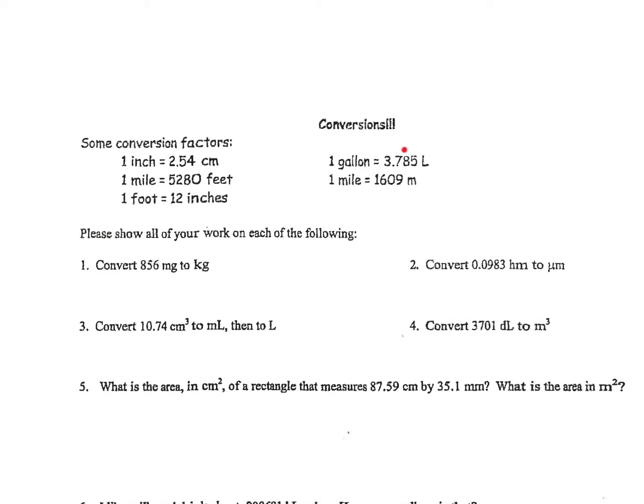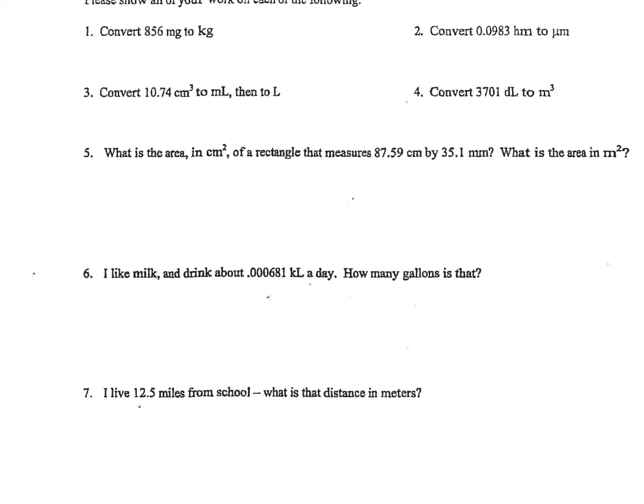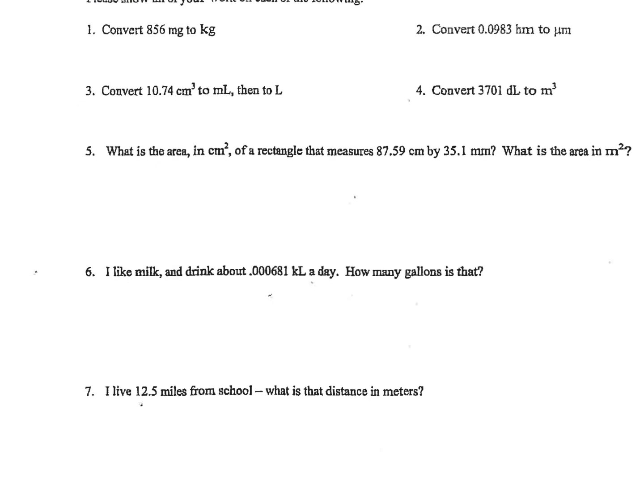There's an equivalency between gallons and liters. We can use that. So I'm thinking about what I'm going to do. I'm going to convert from kiloliters to liters and then to gallons. And I'm looking at our problem here, and I think that's going to do it. Yeah. That is going to do it. So there are going to be two conversions that I'm going to do.